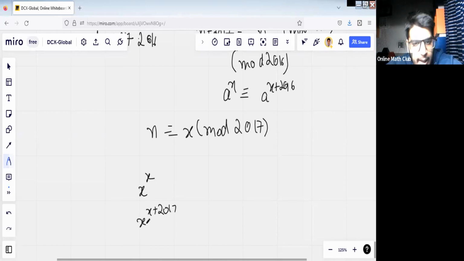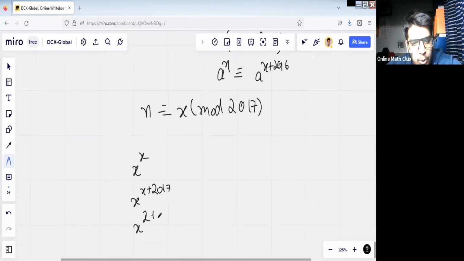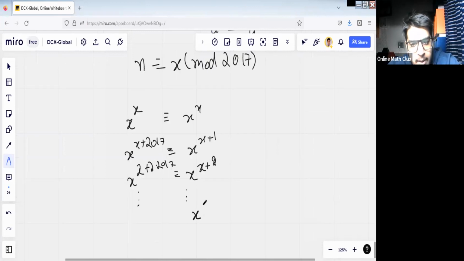Then x to the power x plus 2017, the base is just the same, right? x to the power x plus 2 times 2017 and so on. This thing is x to the power x only. This thing is x to the power x plus 1, since you can take minus 2016. This thing is x to the power x plus 2, and you continue this, we'll essentially have x to the power x plus 2016.